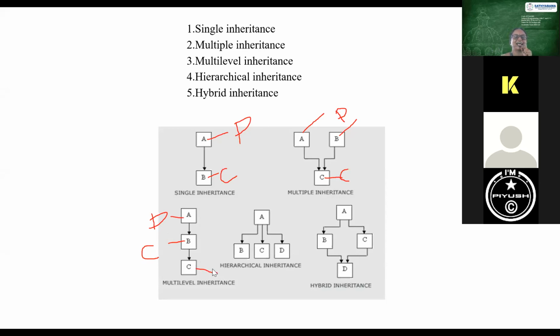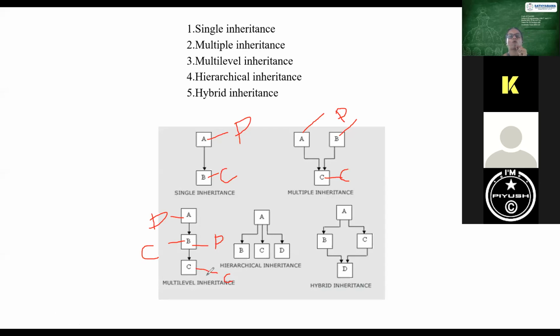C is a child class, but for C, B is the parent class. So multi-level means from one parent class another child class is derived, and that child class becomes a parent class for one more derived class. This is called multi-level inheritance.